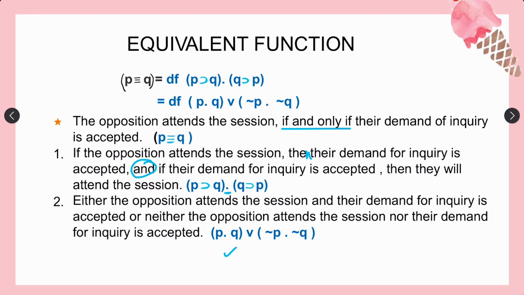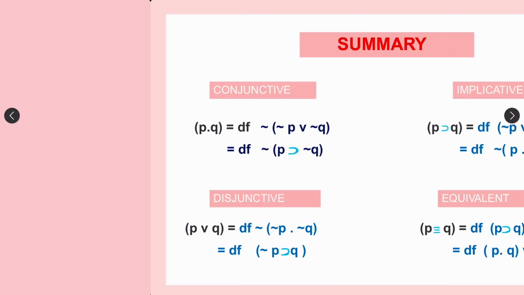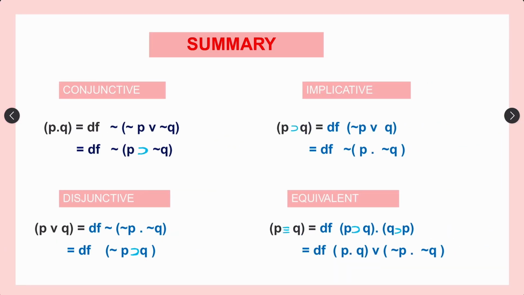Now I hope it's clear with everyone. Now let's see the summary part. So again in summary you can take a screenshot of it if you have not memorized the formula so far, and you can memorize the formula later on. So first we have conjunctive, second disjunctive, implicative, equivalent functions.